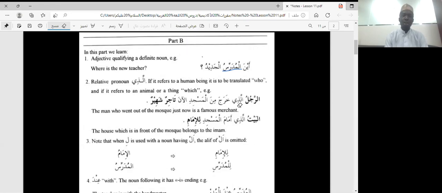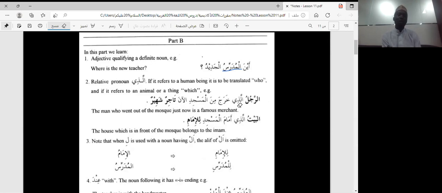Do you understand? So we have what we call a relative pronoun. Relative pronoun in Arabic language is referred to as alladhi. Sorry, allati. That one is allati, but it's the same thing. We have alladhi and we have allati.